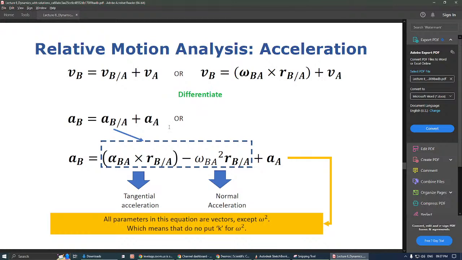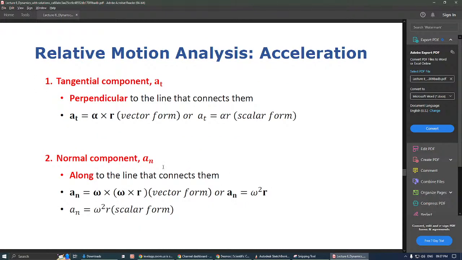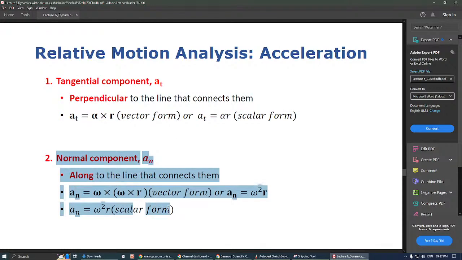When he differentiates that term, he will get two terms for B with respect to A. One value is tangential acceleration. The other term is normal acceleration. Tangential component is written in detail, normal component is mentioned in detail.